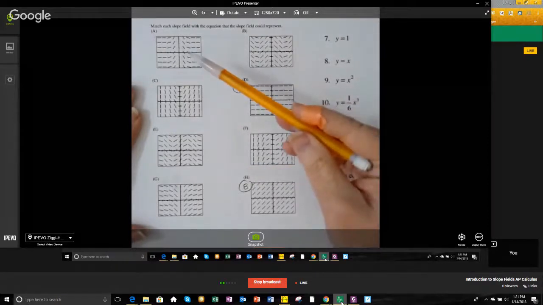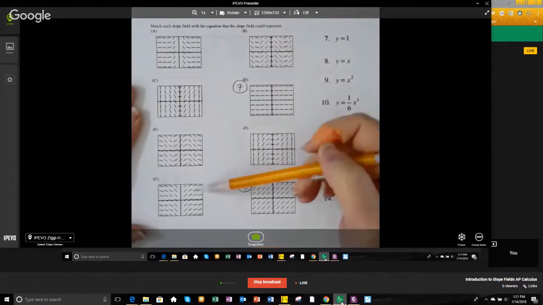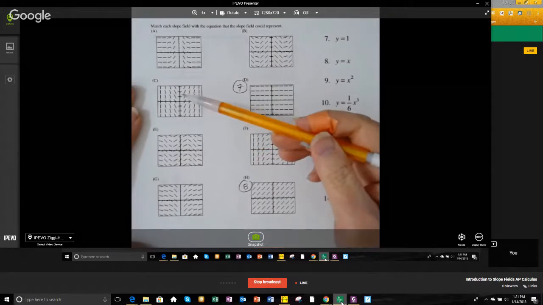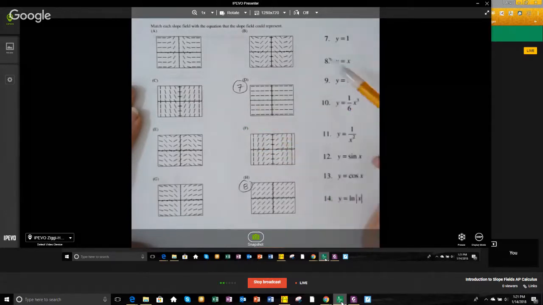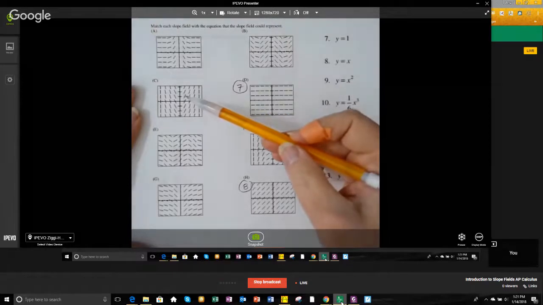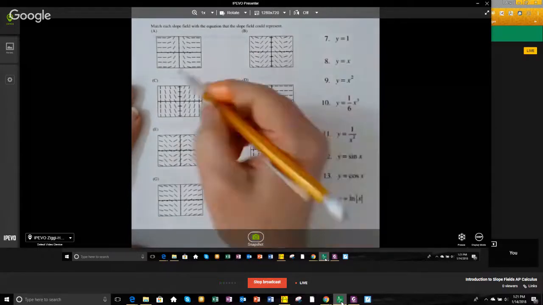Well, that doesn't look quadratic. That doesn't look quadratic. That doesn't look quadratic. And that one doesn't look quadratic. Neither does E. So I think this one is the slope field, and you can try a point too. At (1, 1), the slope would be 2. Do you see the slope is 2 here? And if you have x equals 0, dy/dx equals 2x, these are all 0 slopes. So C has to be number 9.